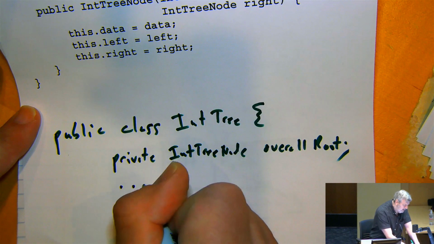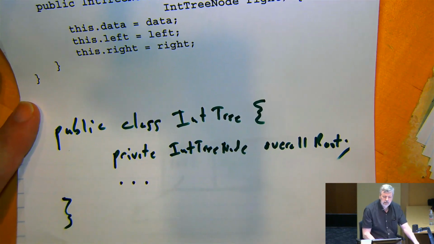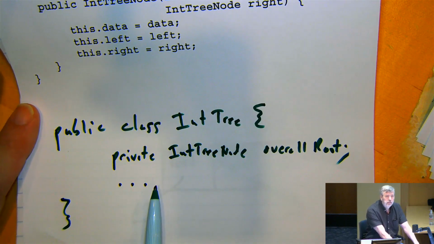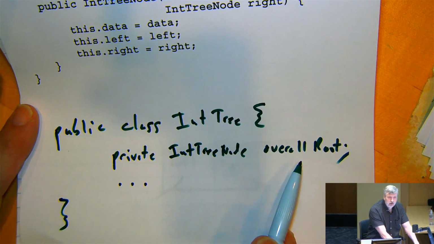Because what's left here then is filling in some public methods. Well, and in fact, size then becomes a problem to solve, is that you can make that a method that you guys will write by accessing the overall root and counting the number of nodes in the tree.